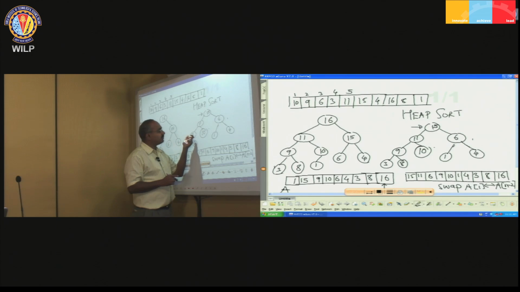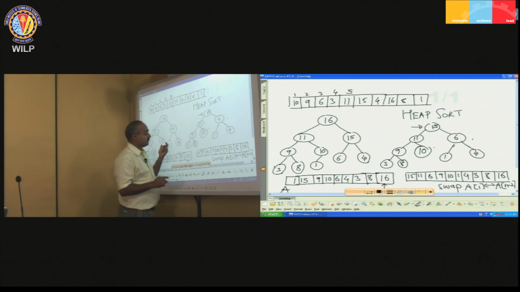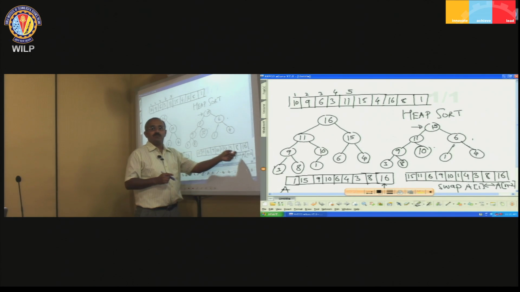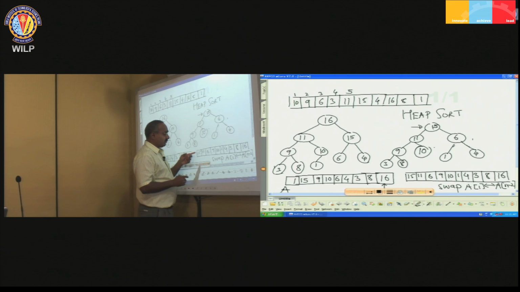In the second step, we know 15 is the maximum, so we swapped A_1 with A_(N-1). So, 8 will come here and 15 will go there.